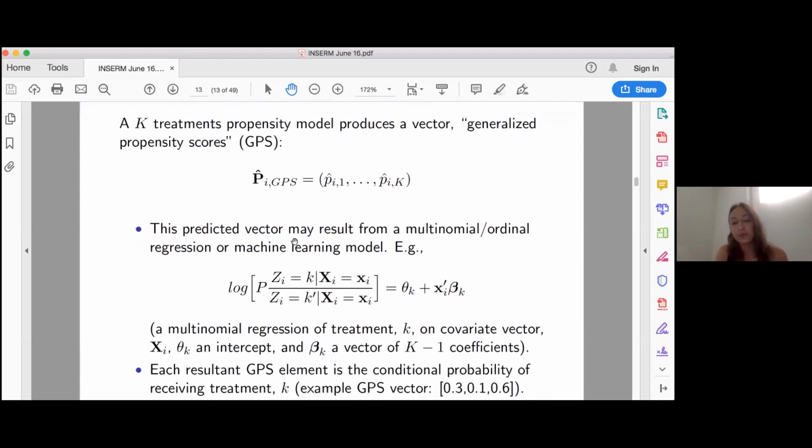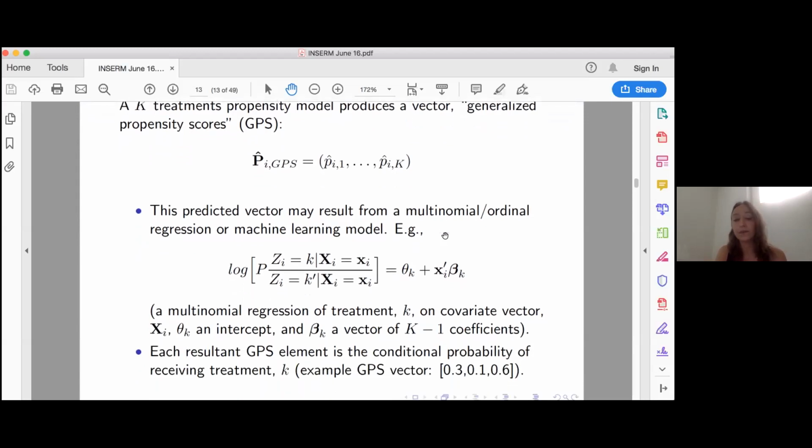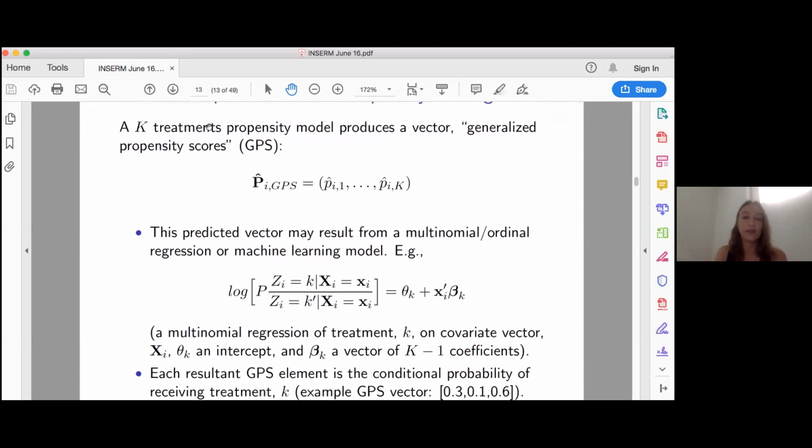Okay, so as I said, this predicted vector can result from any modeling procedure you choose in step 1. I won't get into that. We all know how to produce a p-hat vector from, say, a multinomial regression model.